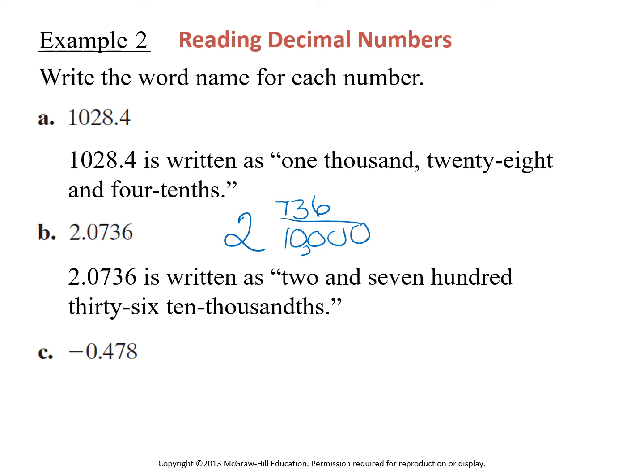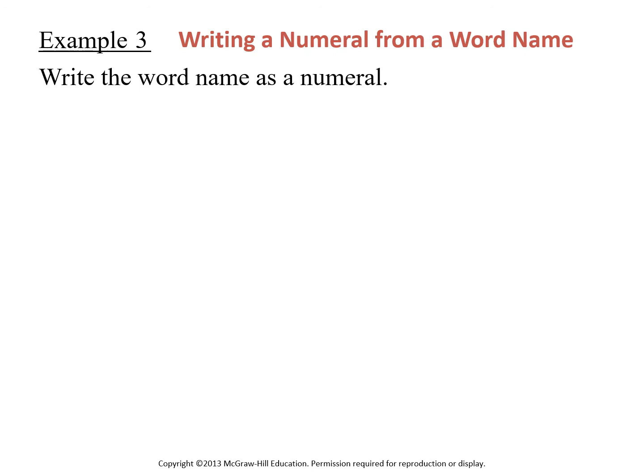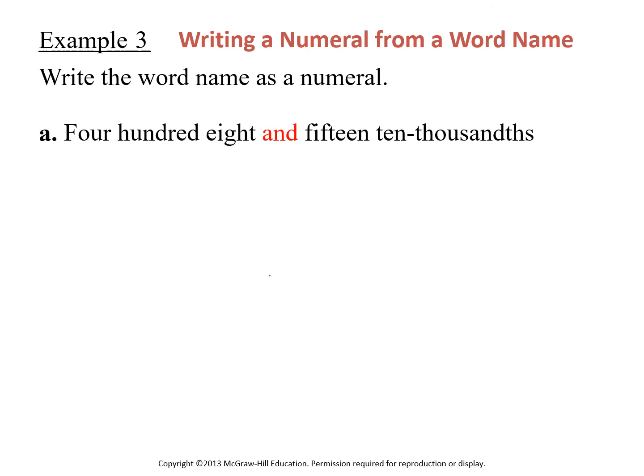This is negative 478 thousandths. If we're going to write the word name, our 'and' is going to separate our whole number. So we have 408 and 15 10,000ths. Now 10,000ths tells us place value.